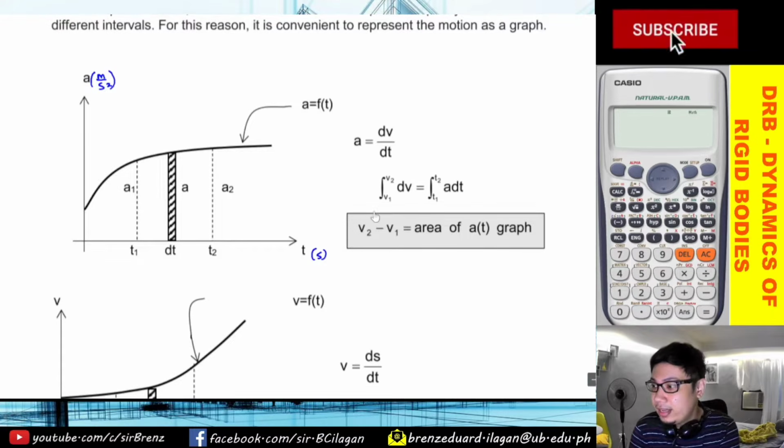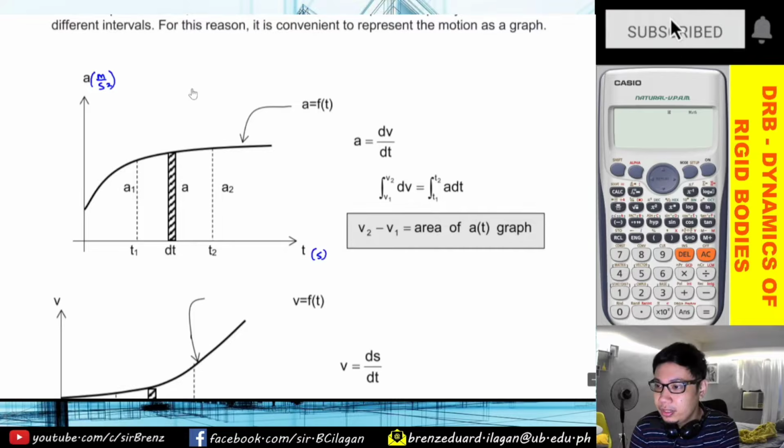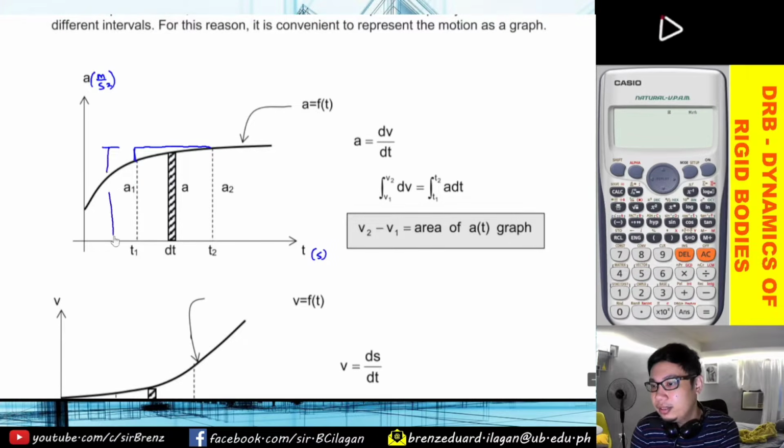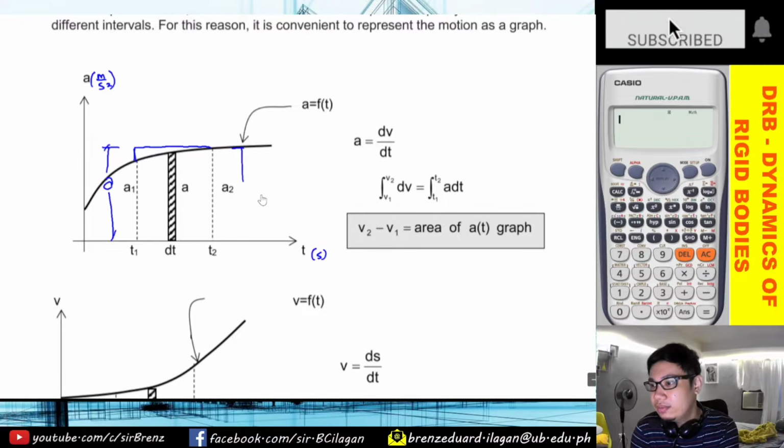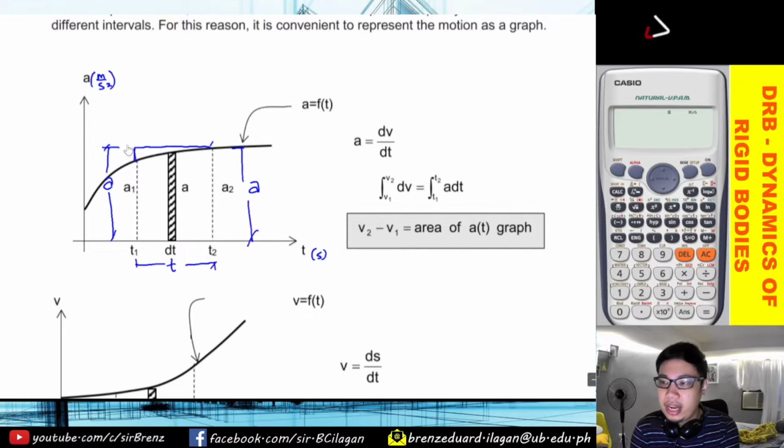So, check natin if tama ba. So, for example, this is a rectangular shape. Ayan. So, for example, binuo ko lang na ganyan. Kung saan ito, yung height niya dito, or yung acceleration value niya, i-denote na lang natin as A. And then yung time dito, i-denote natin as time T. So, ano na buo nating shape? Di ba?